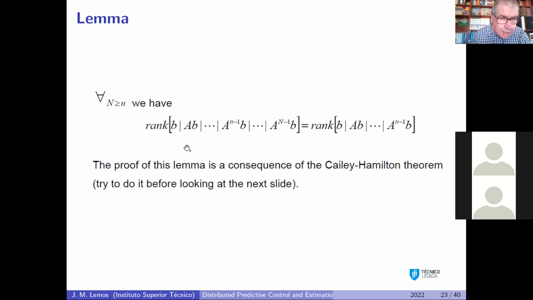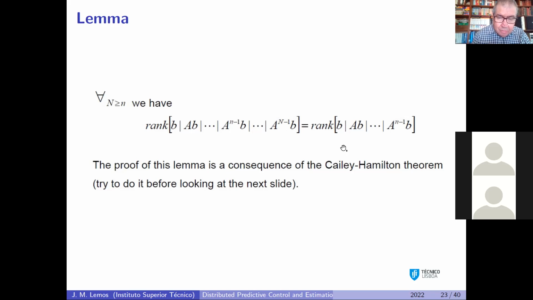So this lemma is actually a different way of expressing what I just called your attention to. Suppose that you form a matrix in this way. You pick up B, then AB, then A squared B, etc., up to A to some capital N times B. This can be anything. Suppose that N is 1000, and you have a system of order 2.